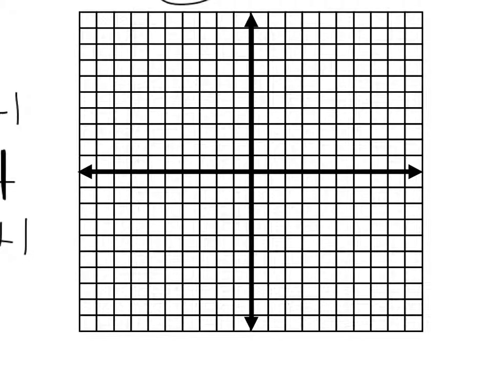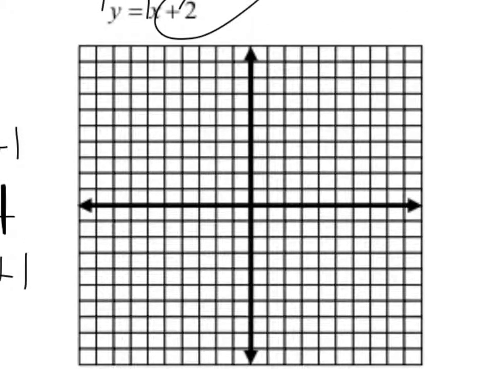Our starting point, or our y-intercept, was (0, 2). And our slope is 1 over 1. So that means we go up 1, right 1. Up 1, right 1. Or I could go the opposite direction, down 1, left 1. Down 1, left 1. Either way, I'm going to get the same line.